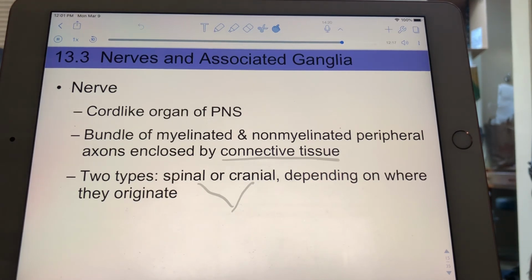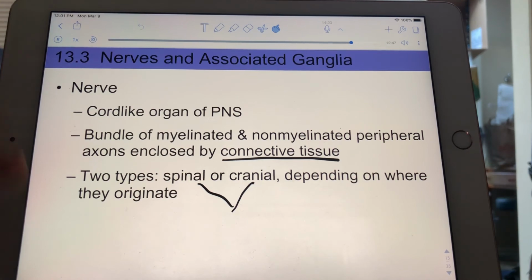Hopefully that's ringing a bell. Well, the structure of a nerve is actually really, really similar, because sure enough, connective tissue sheaths, okay? We already know that there are two really general, broad types or regions of nerves, the spinal nerves and the cranial nerves, really just depending on where they emerge from the skeleton, okay?